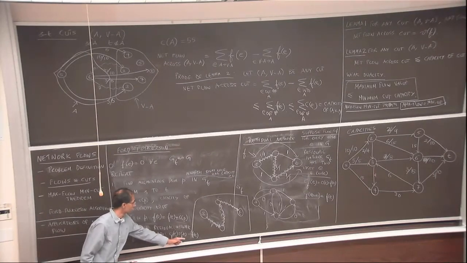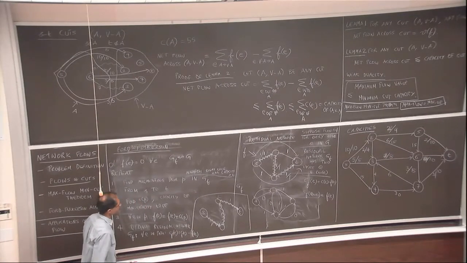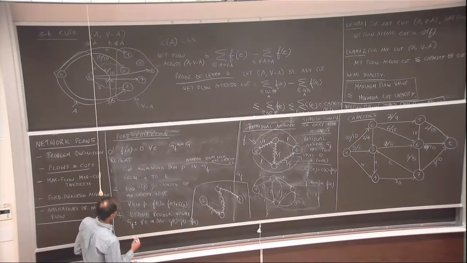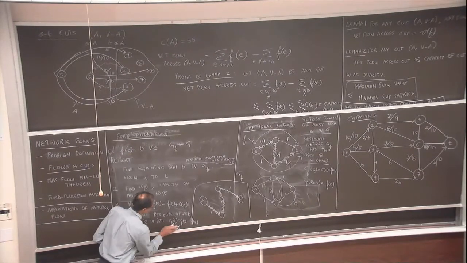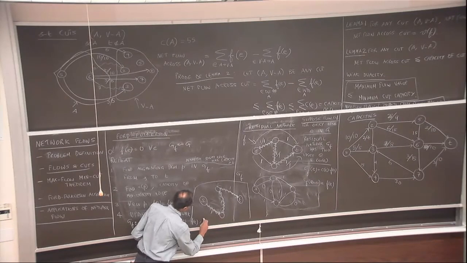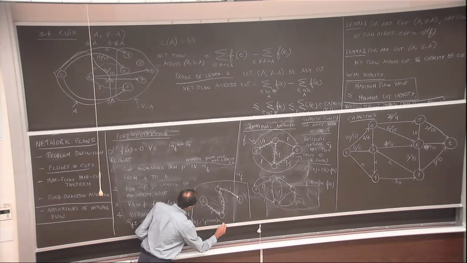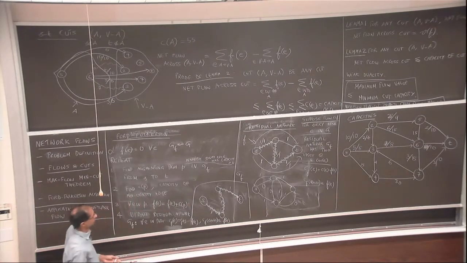Okay, what is original capacity? Subtract the flow. And then finally for the reverse edge, Cf of the reverse of E equals the flow along the edge.